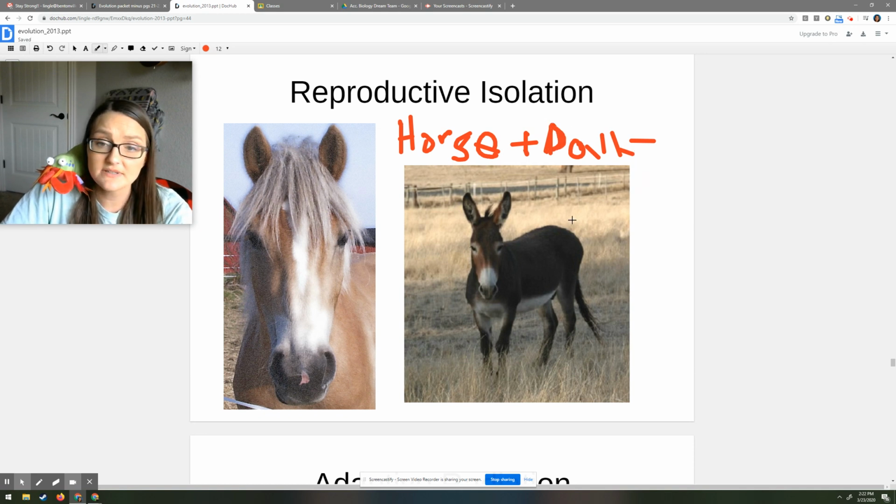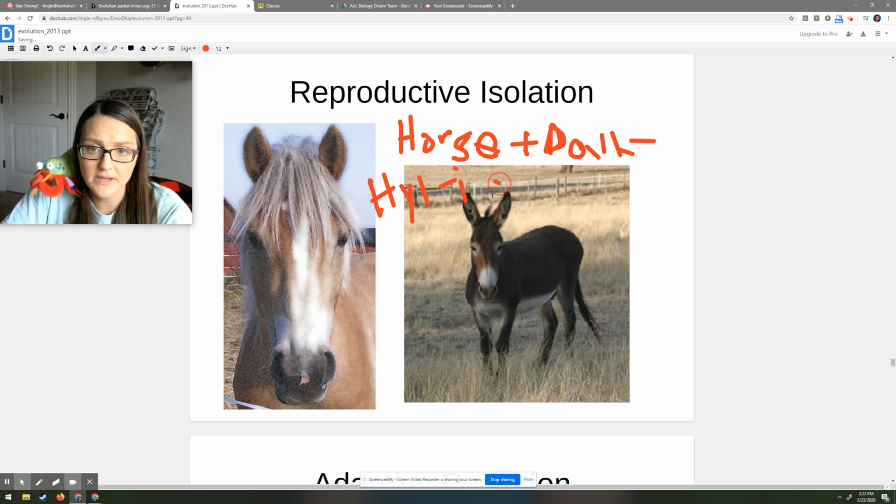Now, what is a horse plus a donkey? Well, it gives you a mule. A mule is not a horse, and the mule is not a donkey. It is what is called a hybrid. So a hybrid. Probably not. Okay. So it's got a hybrid, and that hybrid cannot have babies of its own.